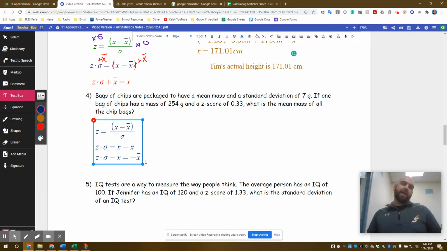Negative x bar. We don't want negative x bar, so we need to multiply everything by -1.